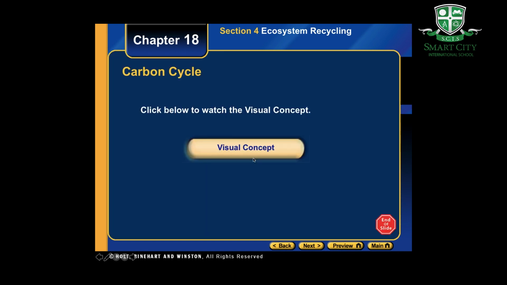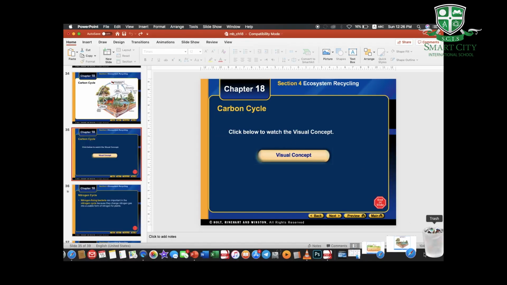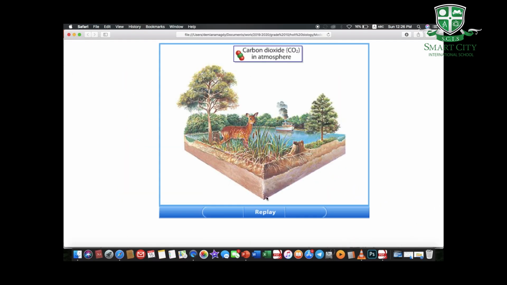Okay, let's see now the visual concept for the carbon cycle.